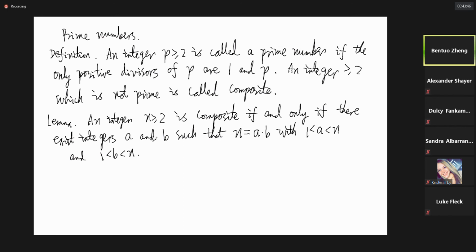So in other words, a composite number is just a number which can be written as a product of two numbers. These two numbers are strictly between 1 and n.